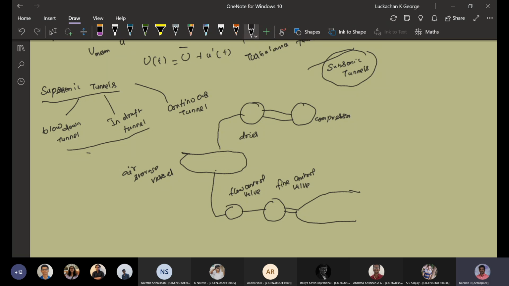From the settling chamber, you have a convergent divergent nozzle. This is your settling chamber. Then after the convergent divergent nozzle you have the test section.